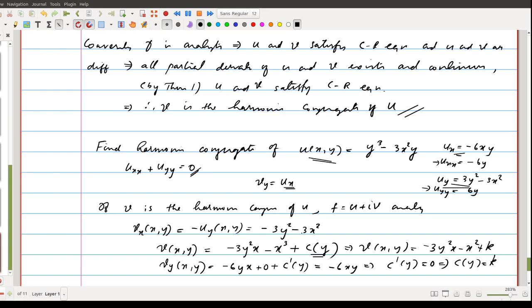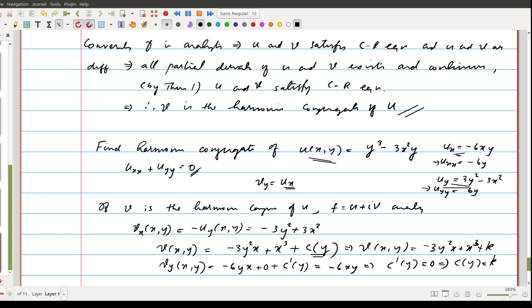Here we should have plus, because we are collecting minus u y. Minus u y is 3y square minus 3x square times minus 1, so that will be minus 3y square plus 3x square. So we have plus x cube here, this is x cube rather than x square.